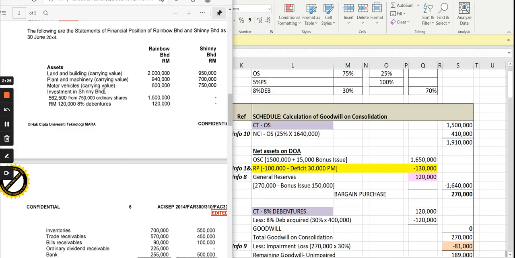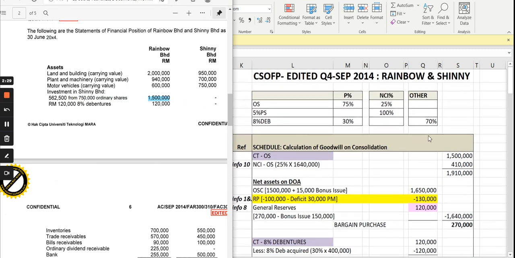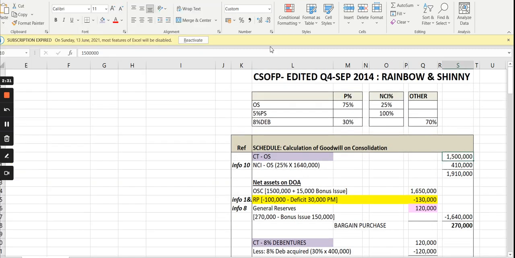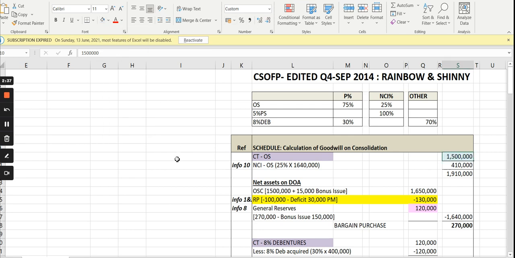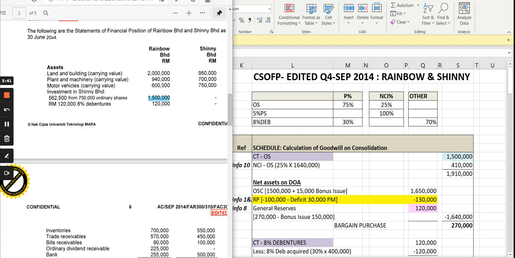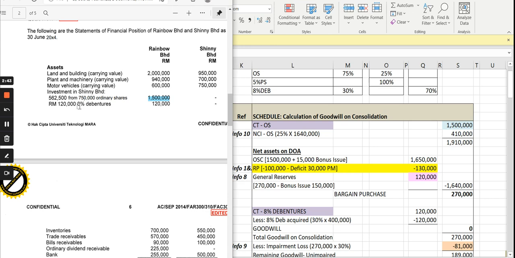This is the amount that you will take and include here, and I will also be using the same blue there. So that was the consideration transferred. Next, don't mix up the one for the debentures together.